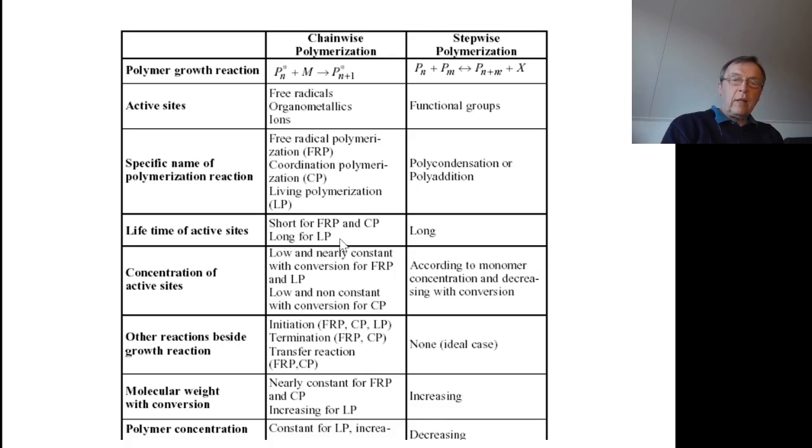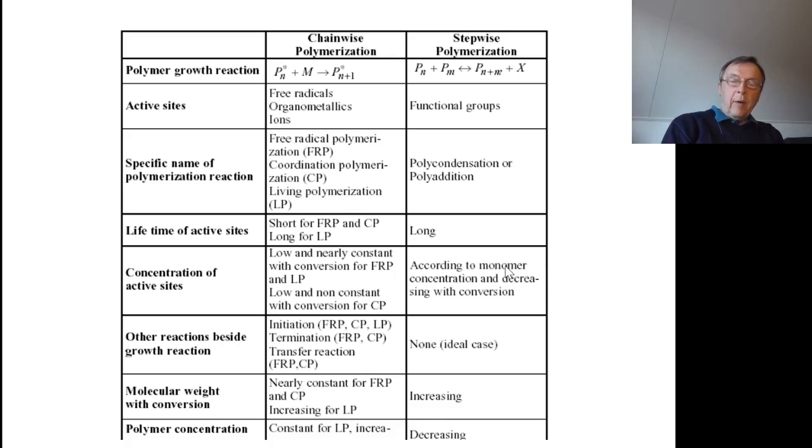So we have a really low concentration of free radicals or ions in a living polymerization, while in a stepwise polymerization, the monomer concentration, that means the active site concentration, is high at the beginning, and during the polymerization, this concentration decreases.